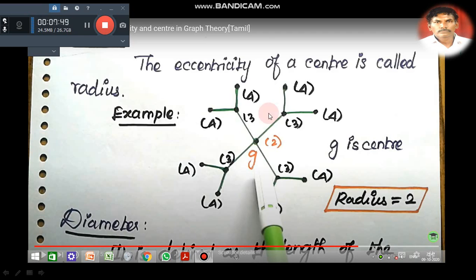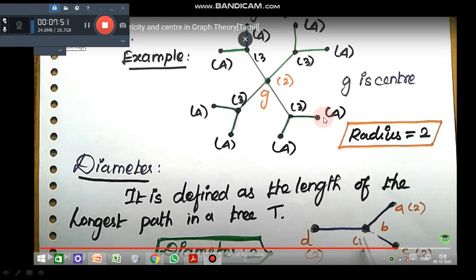Now coming to the diameter of a tree: the longest path in a tree is called the diameter of the tree. Here the longest path is between the two vertices D and A, and the longest path is 2 units. Therefore the diameter of this tree is equal to 2 units.